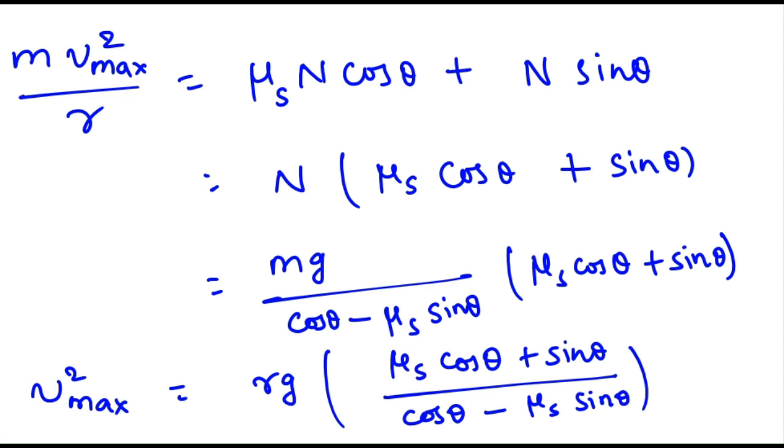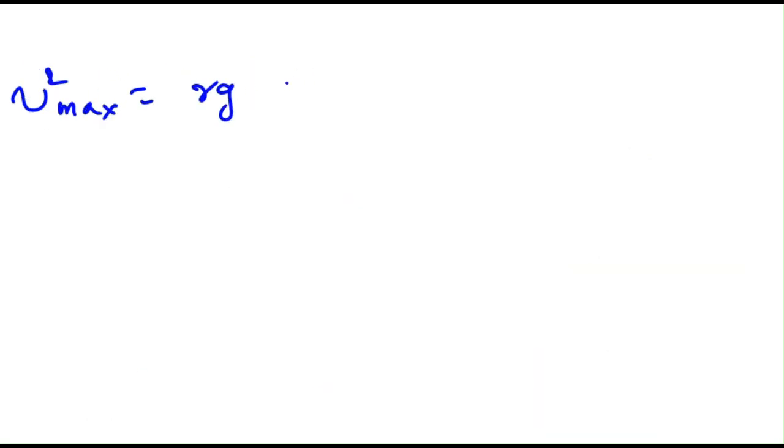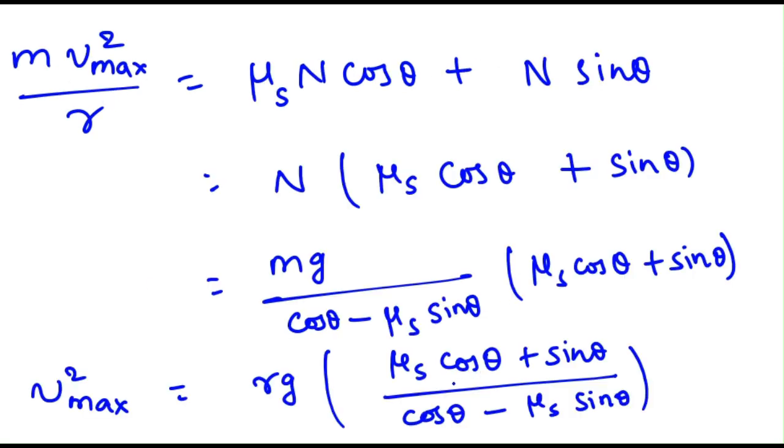Then we will have V square max equals Rg, and then mu s cos theta. Okay, we can divide by cos theta, both numerator and denominator containing these trigonometric ratios. So what we can do, we can divide here by cos theta.